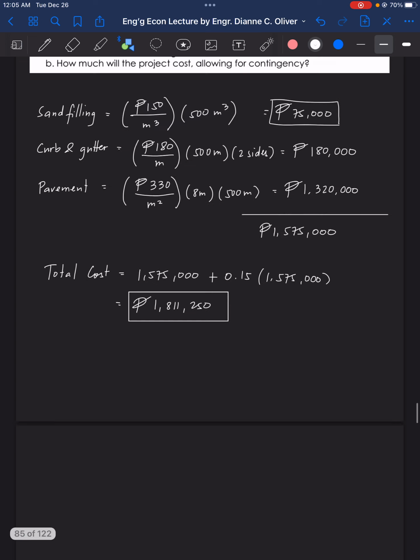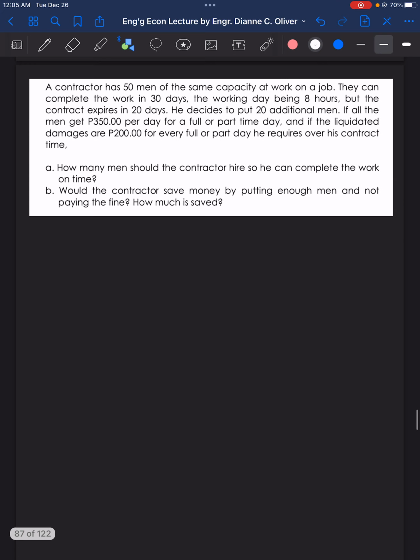Let's go to problem number 4, the last problem for this video. A contractor has 50 men of the same capacity at work on a job. They can complete the work in 30 days. The working day being 8 hours, but the contract expires in 20 days. He decides to put 20 additional men.